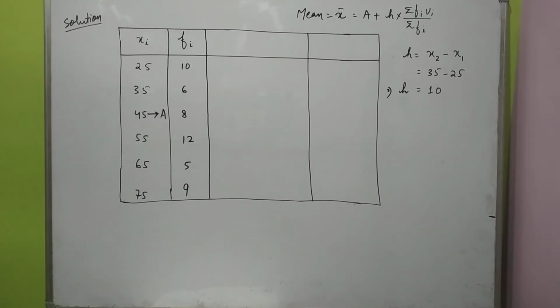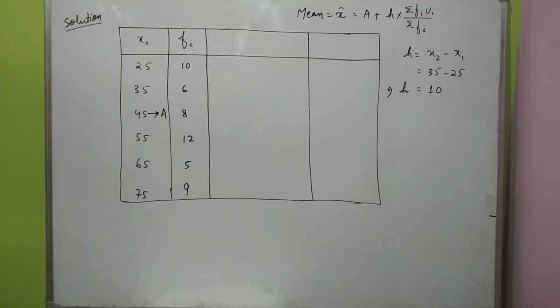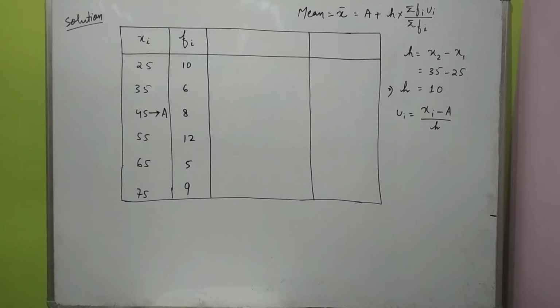Now fi is given, so the next is ui. How to get ui? The ui formula is xi minus a upon h, and this ui will be our third column.